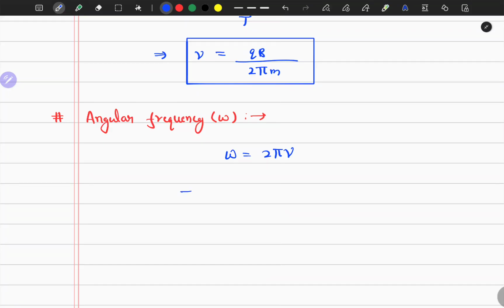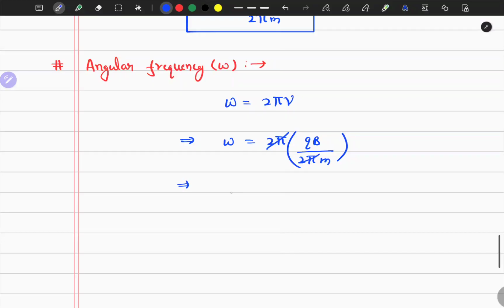So calculating omega is very easy from here. Omega is basically 2 pi times qB over 2 pi m, cancelling 2 pi with 2 pi. Omega is equal to qB over m.